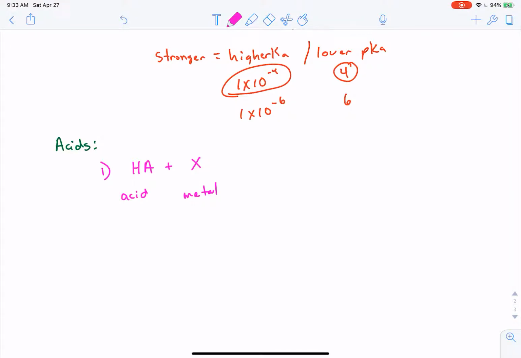It could be Cl, it could be NO3 minus, it could be C2H3O2, but whatever acid that is. So if you have a huge acid formula and you don't want to write it out, you can write HA as a generic, and X being the metal here. You will produce a salt and hydrogen gas.